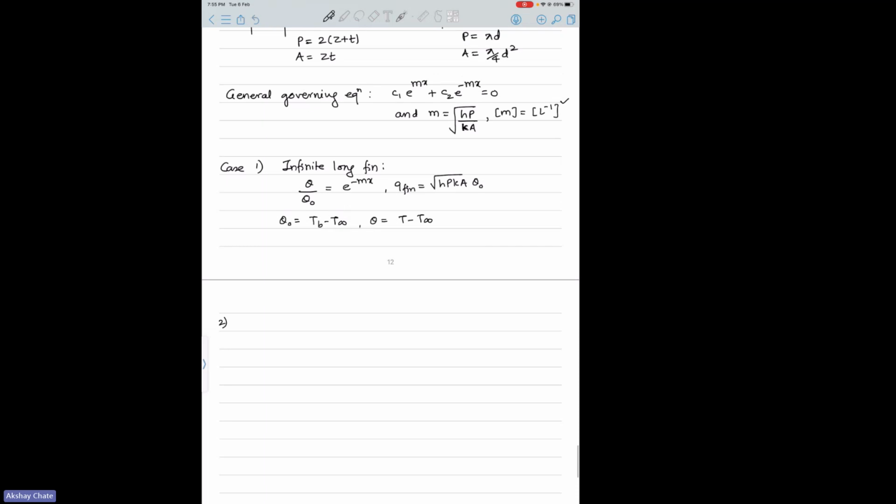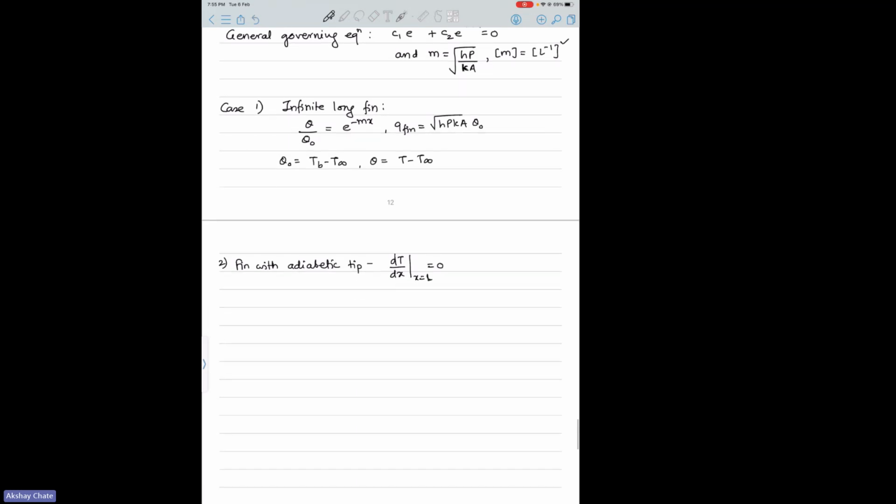Second case is fin with adiabatic tip. So in this case, dT by dx at x equal to L is 0.